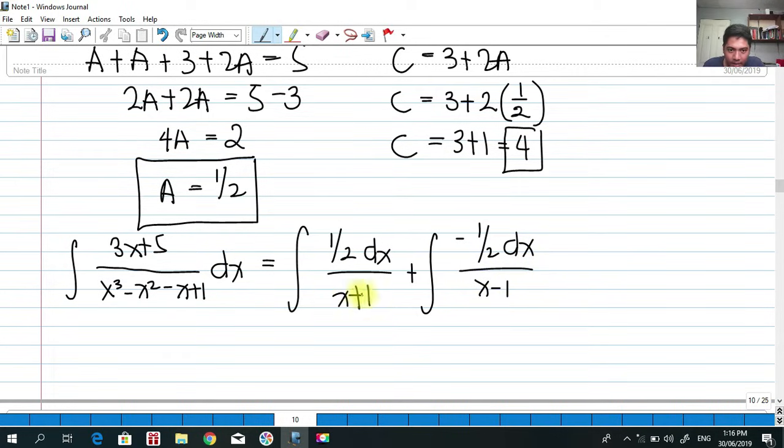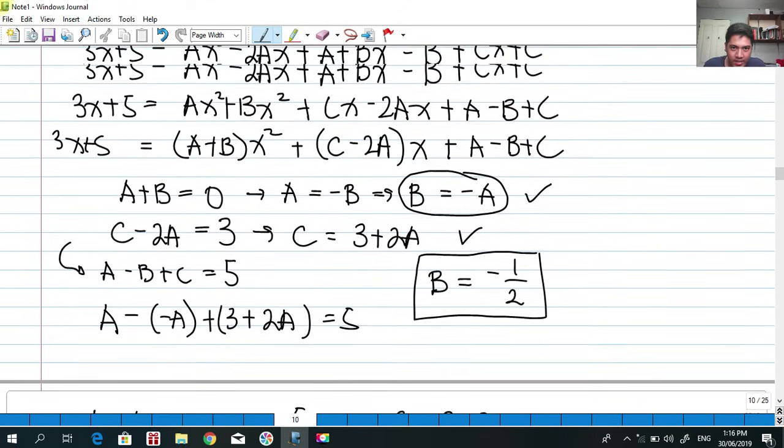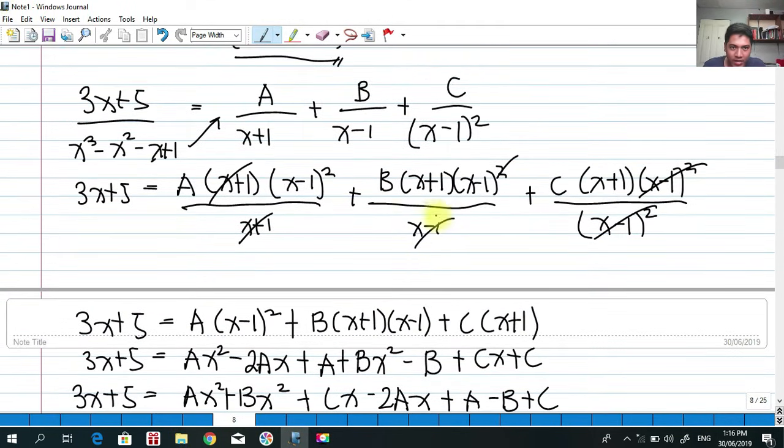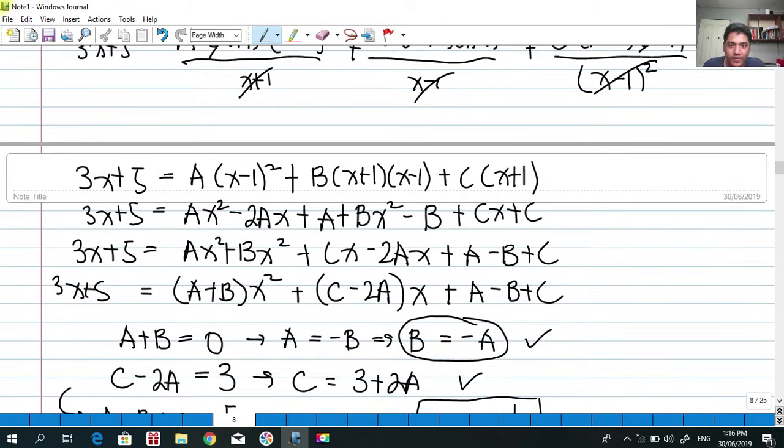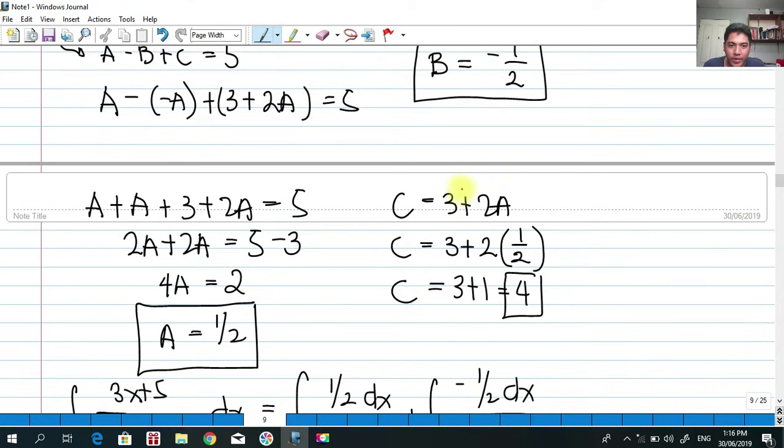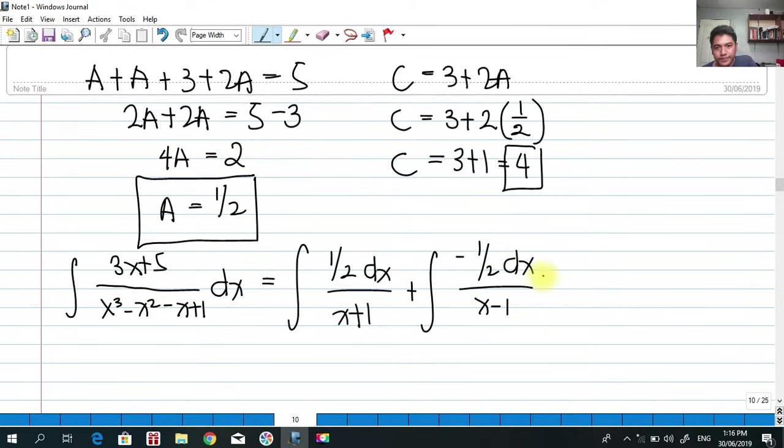Our denominators are the same as what we got in the partial fraction decomposition. Plus the integral of c, which is 4 dx over x minus 1 squared.